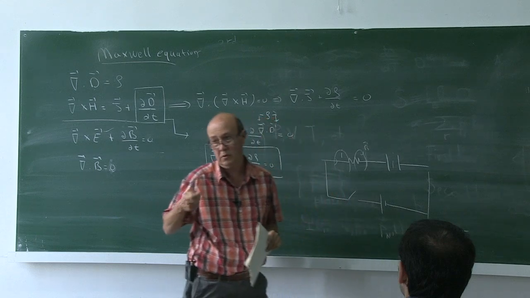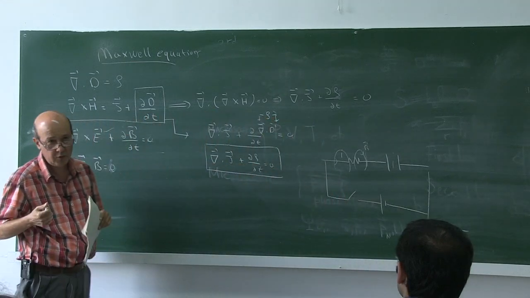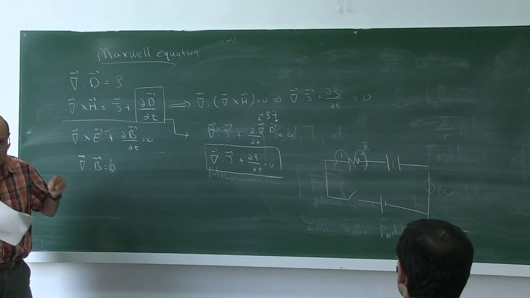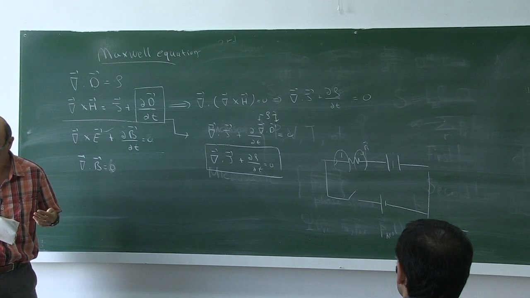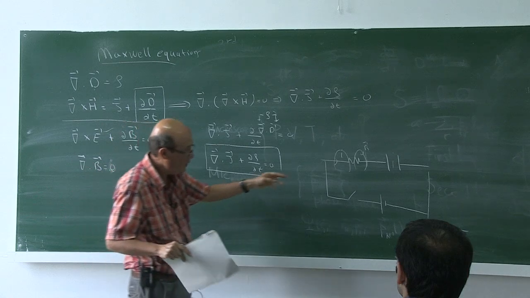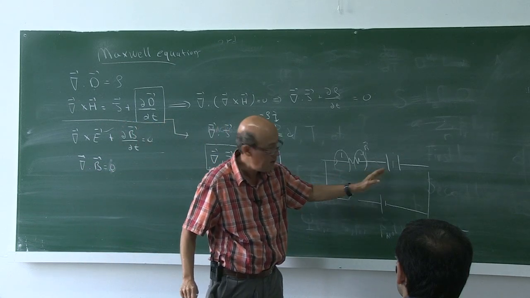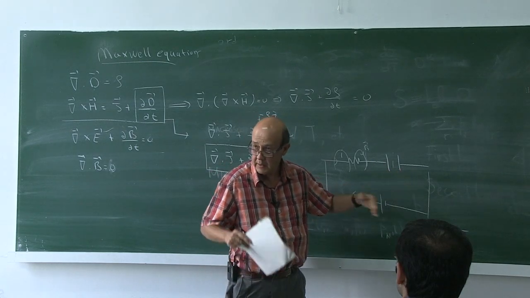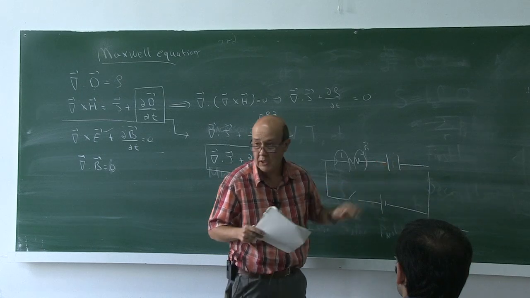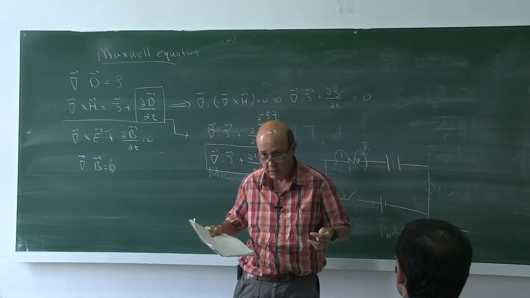The source of the magnetic field inside the capacitor is the change of the electric displacement. While you are charging the capacitor, the current is changing, and you have an electric field inside the capacitor that is changing because the amount of charge on the plates is changing.